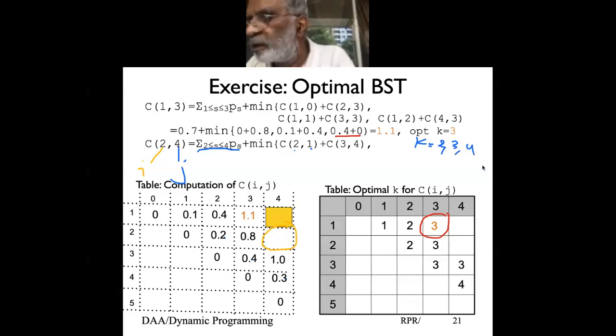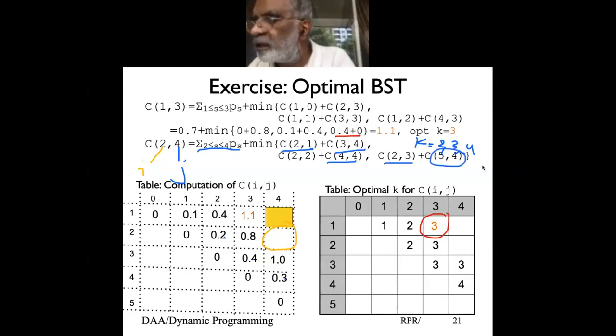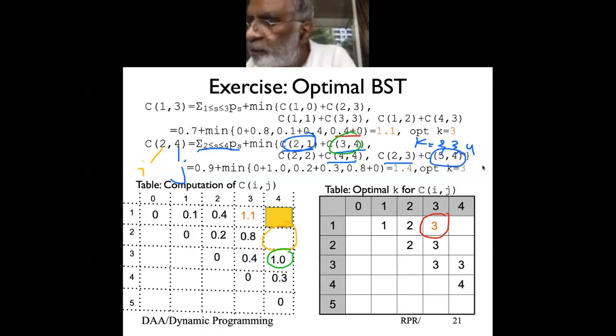When k is 2, this becomes C(i, k-1), C21, C(k+1, j), C34, plus C22, C44, plus C23, C54. Now this is 0, this is 0 again. We know what C34 is. This is my C34 which is 1.0. So we'll do 0 plus 1.0, C22 is 0.2, C44 is 0.3, so we get 0.2 plus 0.3, and then this is C23, C23 is 0.8 and C54 is 0.